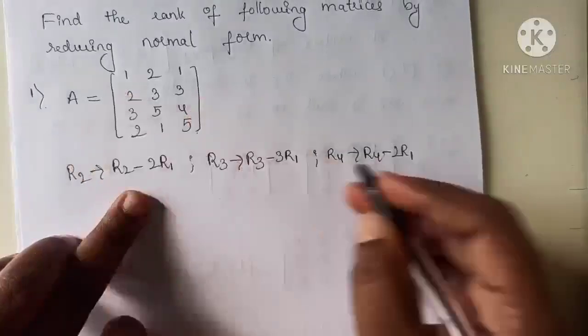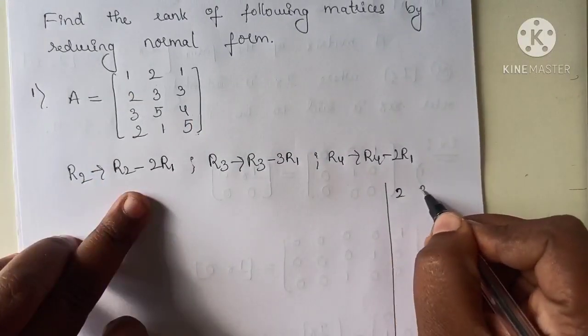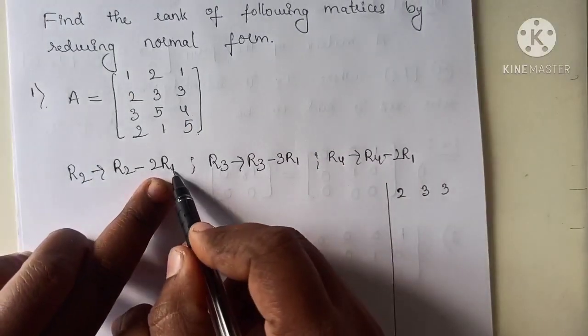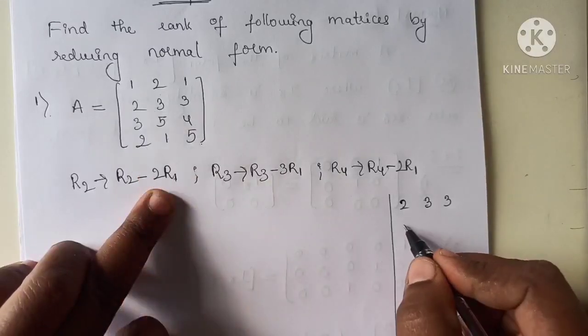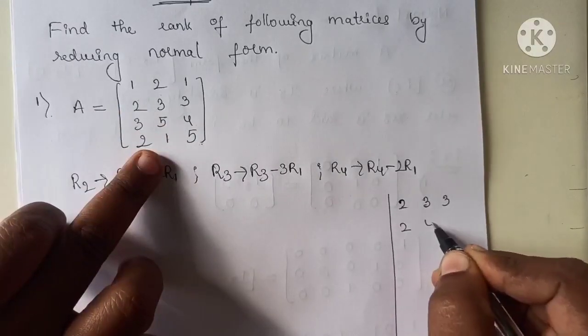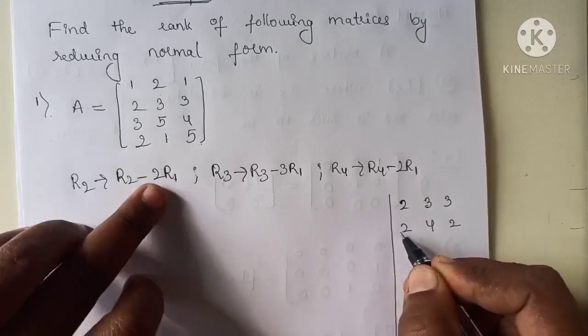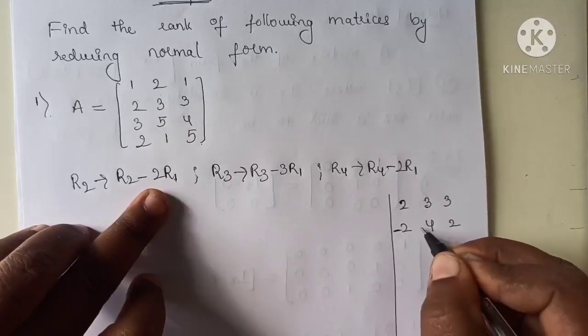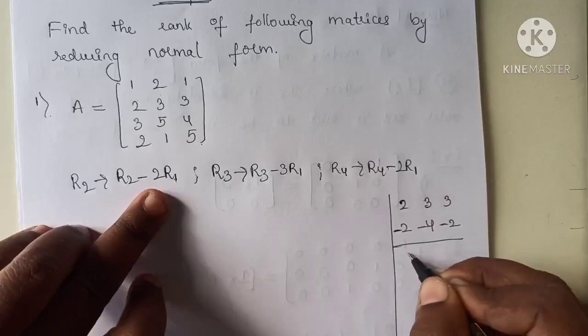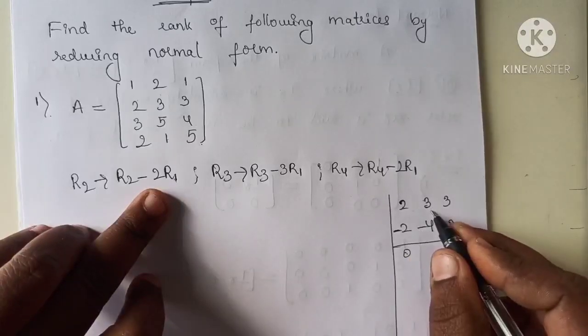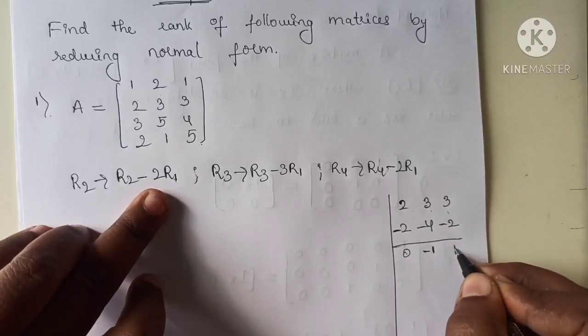So first put all the R2 elements here, 2 3 3, multiply R1 with 2, so that is we get 2 into 1 2 4 2. Because of this minus sign we have to change the sign here. So 2 minus 2 gets cancelled, here minus 1 and plus 1.